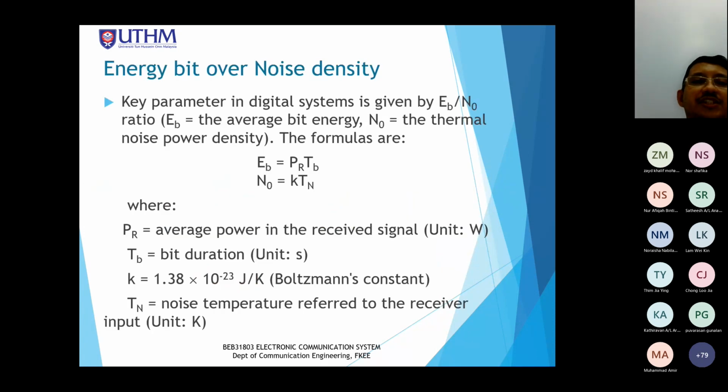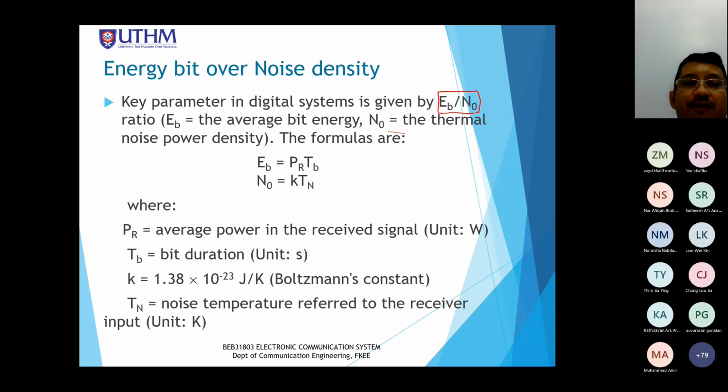And this is the energy bit over noise density, Eb over N0. Eb over N0 is the performance parameter in digital system, which is equivalent to the SNR in the analog. So normally in the digital, we use Eb over N0 compared to the SNR. These are very important parameters to determine the quality of the received signal. Eb is the average bit energy, N0 is the thermal noise power density.